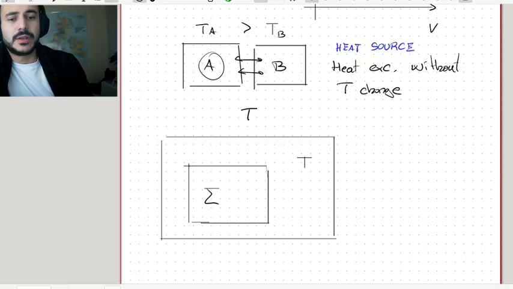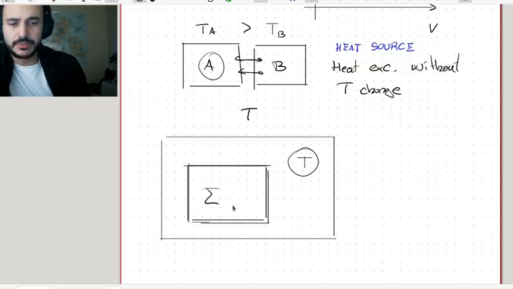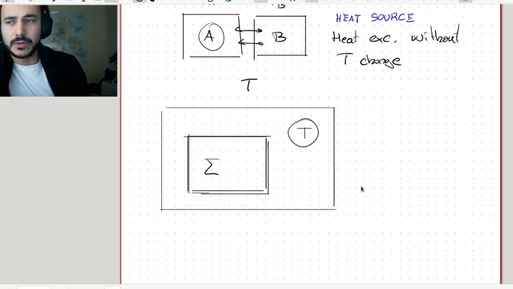If the walls of this system are diathermal, then at every single intermediate point of our quasi-static process, this system needs to be in equilibrium with the environment, and the environment has a well-defined non-changing temperature, so the temperature of the system is constant throughout. Okay, so that's the way to realize an isothermal process, to have a heat bath in contact with your system.